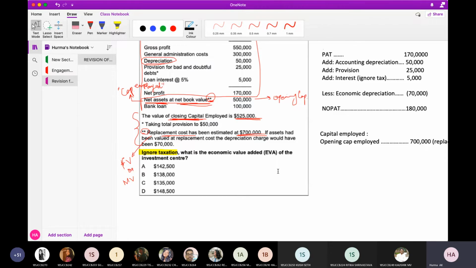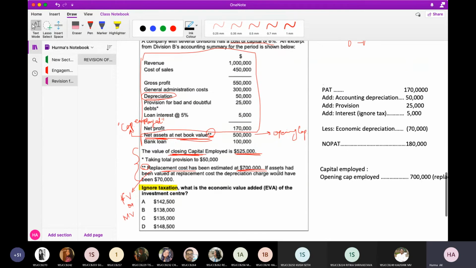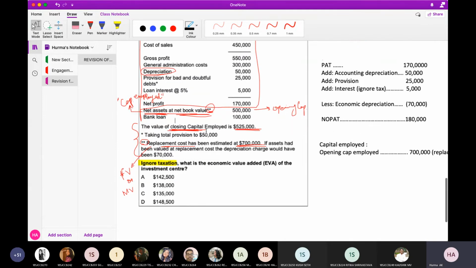We have one more adjustment in the capital employed, which is the total provision. If you see here, there's one star mark put for your provision for bad and doubtful debts. As per your accounting records, the amount is 25,000, which we have added back because we don't consider it a real cash outflow. That's why we added it back. Now we take the total provision, which is actually not 25,000 but 50,000.